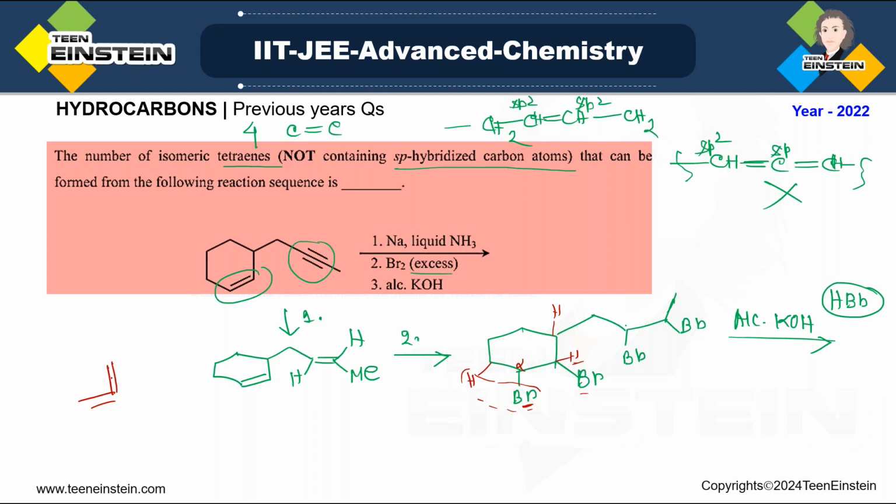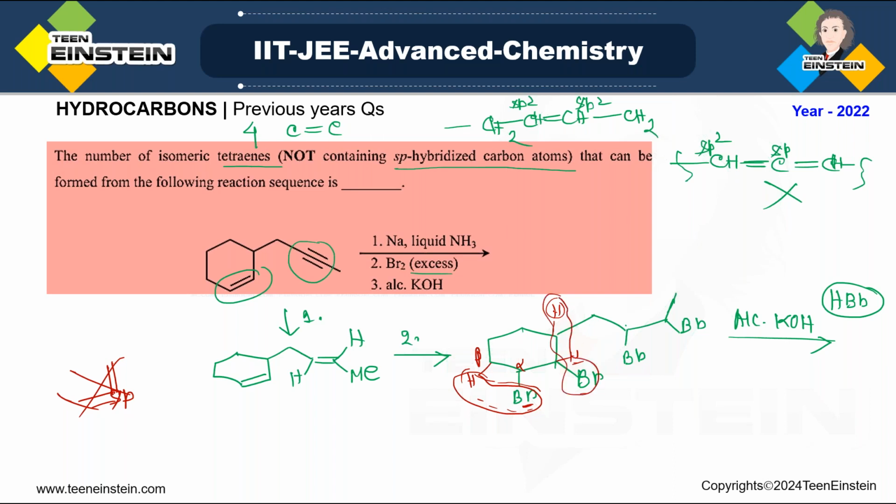In a ring structure, this type of C=C double bond side by side is not possible at all, because of this arrangement of the ring structure. This carbon is sp and it must be linear, so it is not possible here. So these two beta hydrogens you will remove together with this Br.